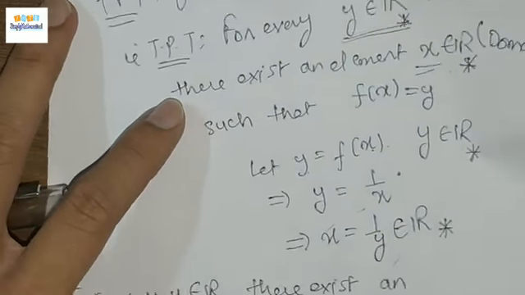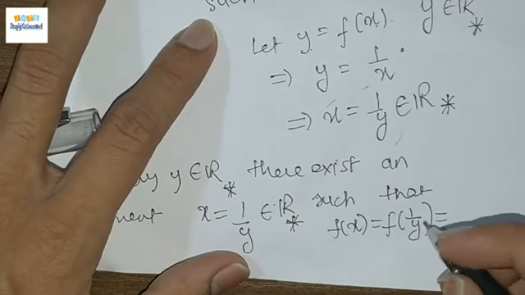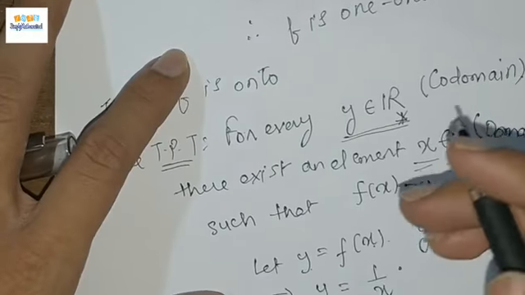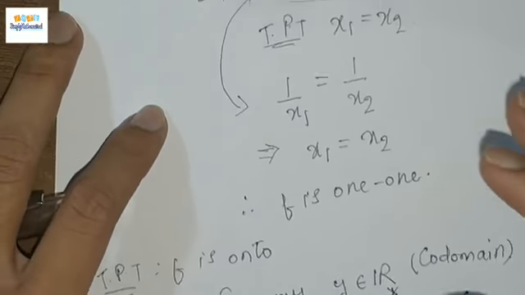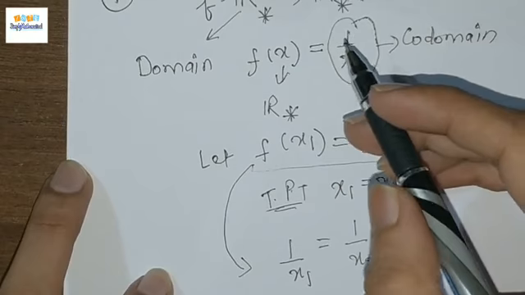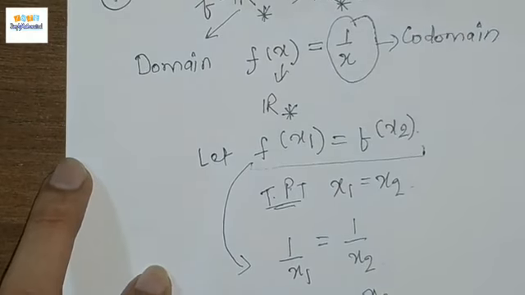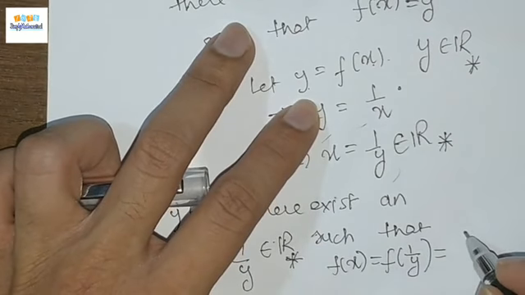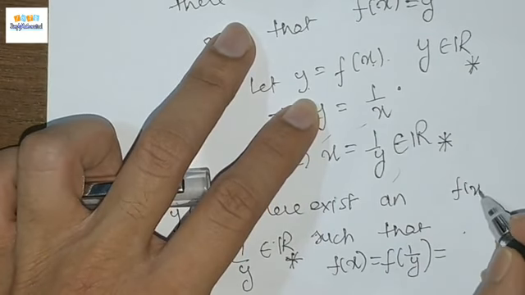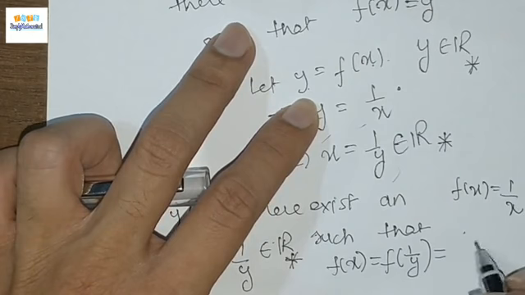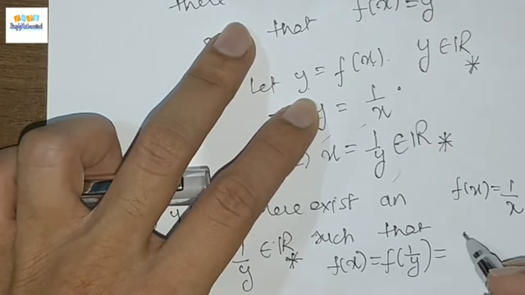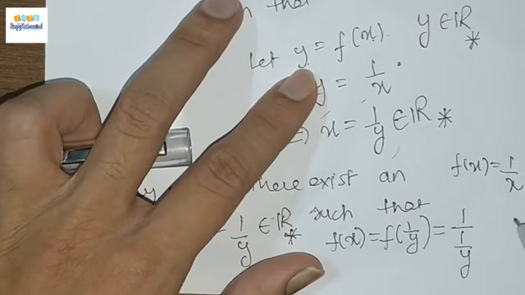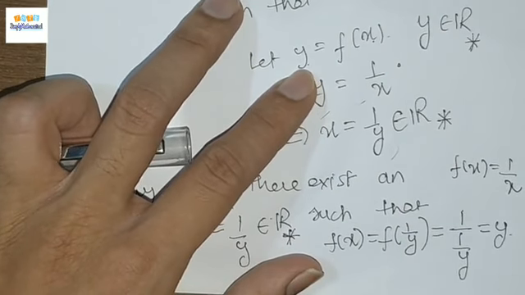Now we have to write f of 1 by y. What is the definition of f(x)? You can see here, it is 1 by x. So since f(x) is equal to 1 by x, f of 1 by y will be 1 by 1 by y, and that is equal to y.